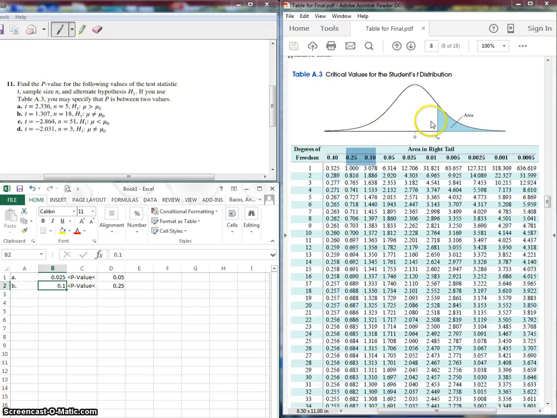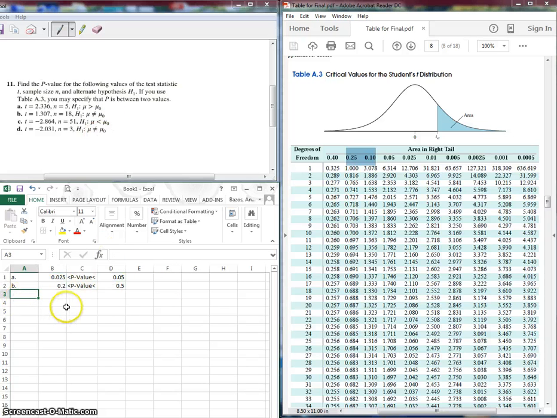Since we have two tails and the table only gives us one of those tails, we have the same amount of area in this tail as we do in the other tail, on this side. So I need to multiply by 2 on both of these. So instead of writing just that, I'm going to use Excel: equals 2 times this, equals 2 times that. All right, because it's a two-tail, we had to multiply by 2 to get this p-value.